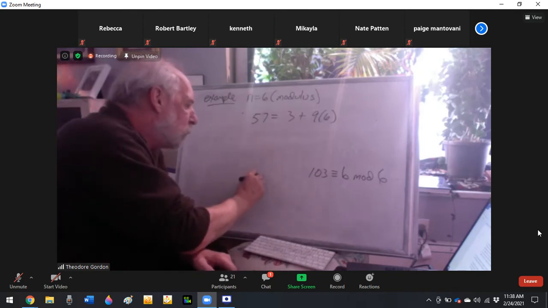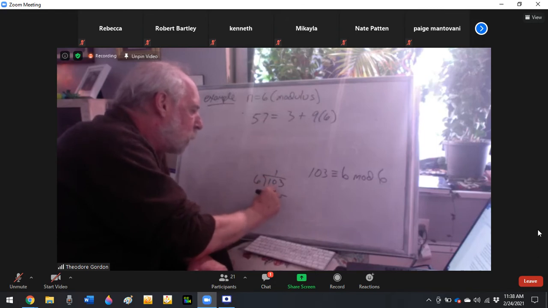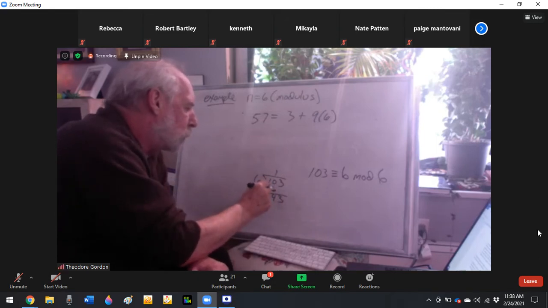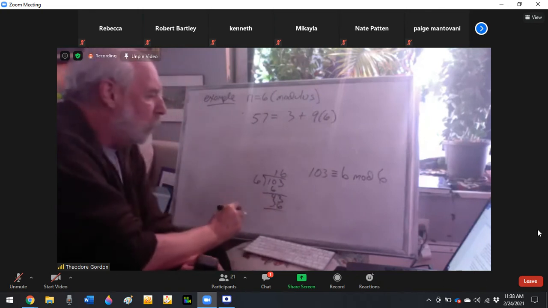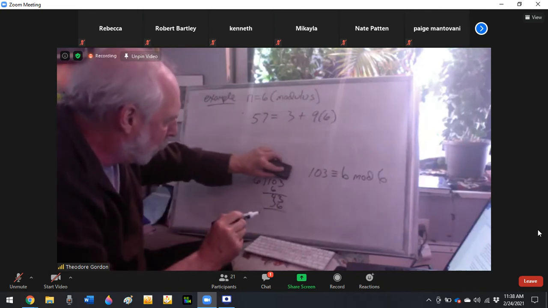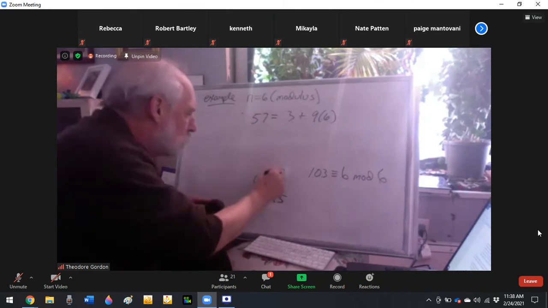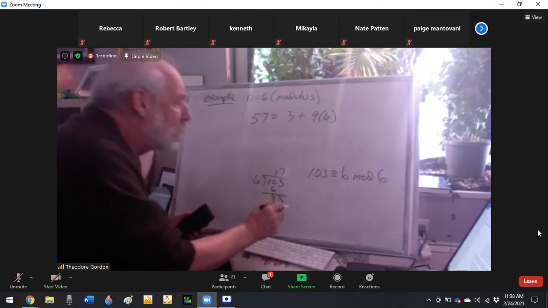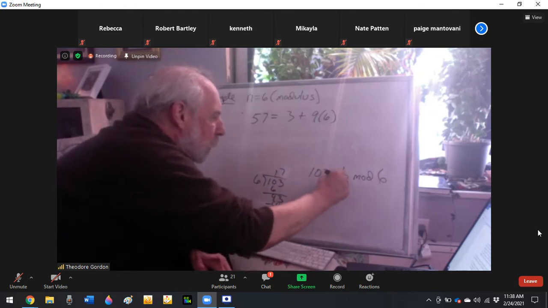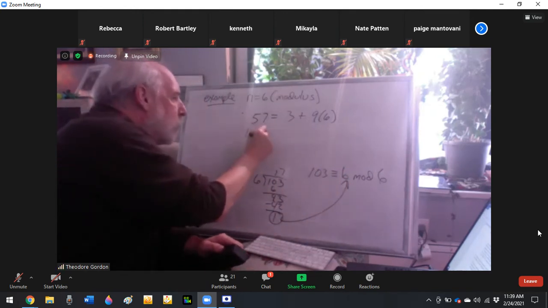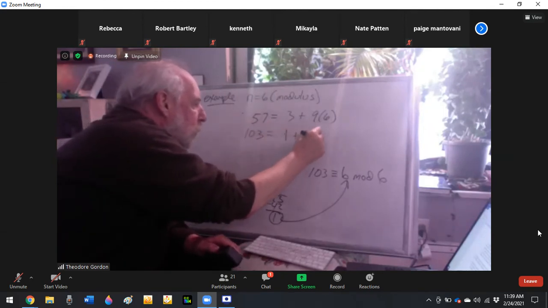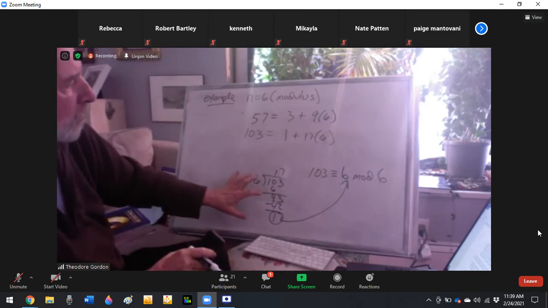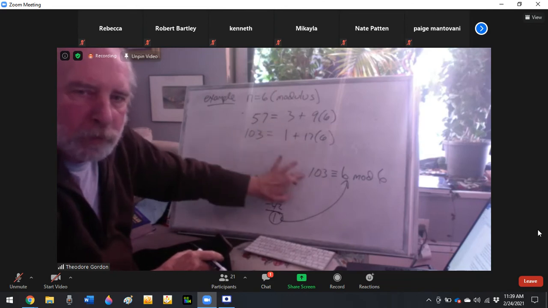So we would do 6 into 103. 6 times 7 would be 42. Subtract, that would be 1. So this answer could go here, and we see that 103 is equal to 1 plus 17 times 6. So these are alternate ways of saying all of this.